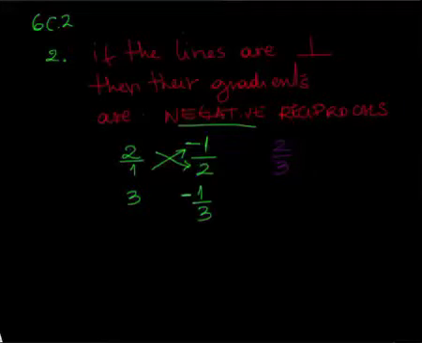So the reciprocal is simply rewriting the fraction but swapping the numerator and the denominator. So my denominator becomes the numerator, that's a 3, and my numerator becomes the denominator, 2. And I cannot forget we're talking about the negative reciprocal. So now I know that those two are perpendicular.